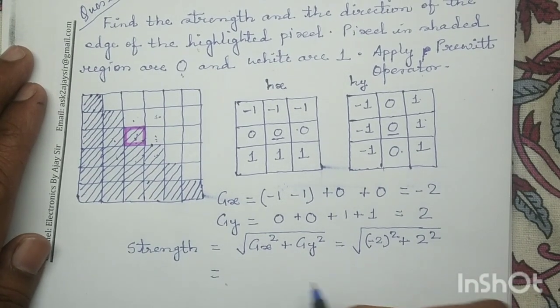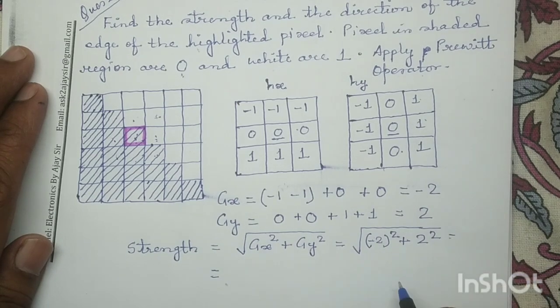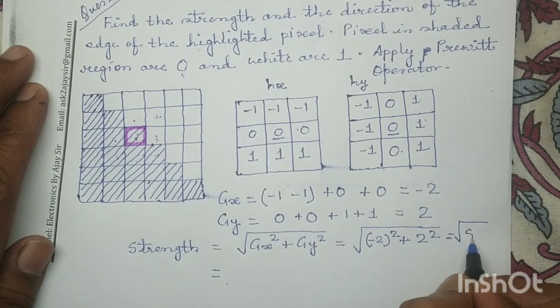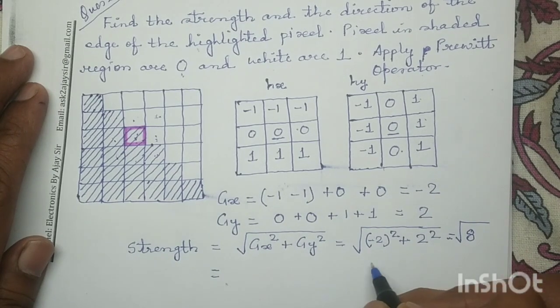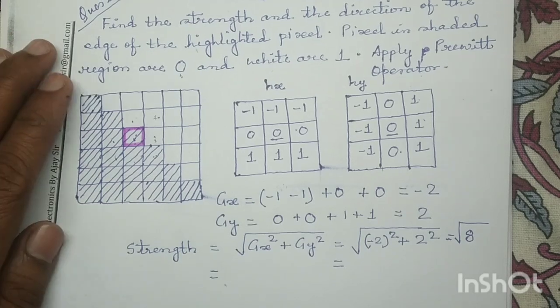So it becomes 4 plus 4, that is equal to 8. Up to 2 decimal places, the result is around 2.83.